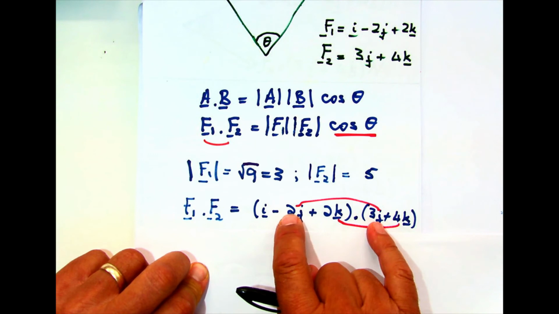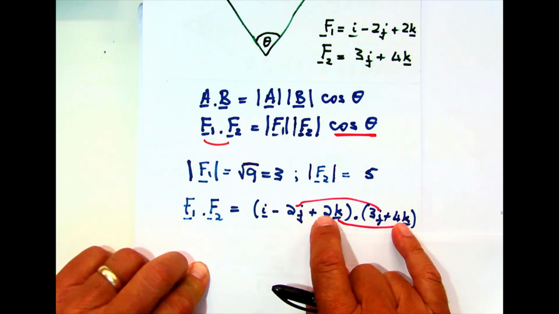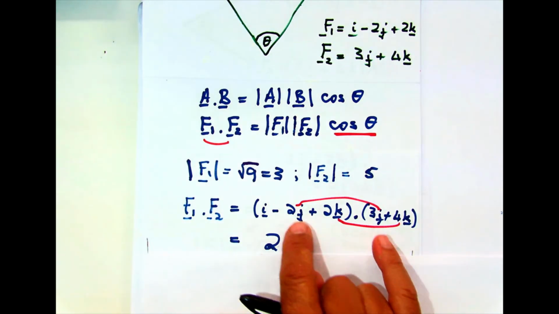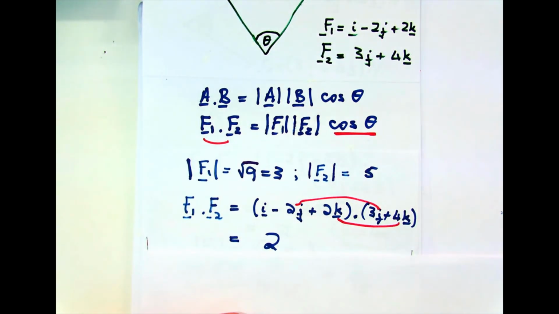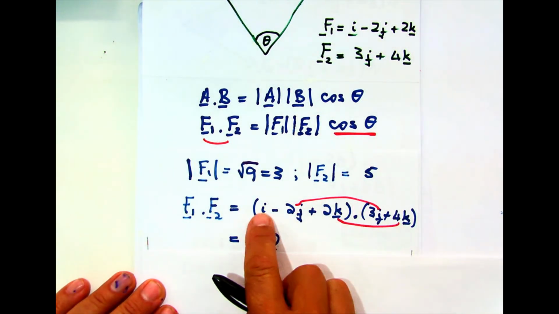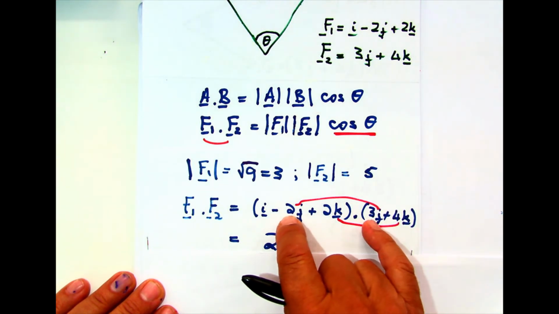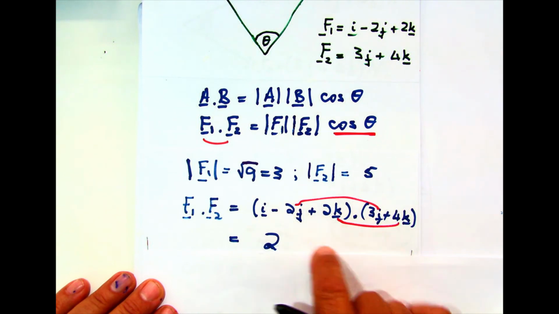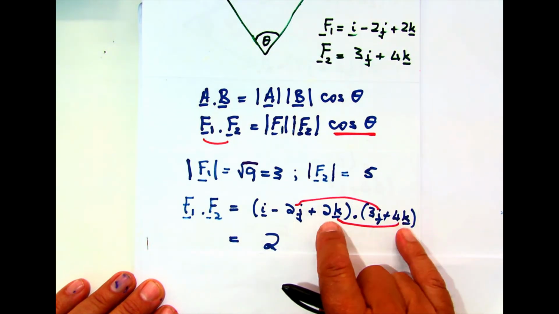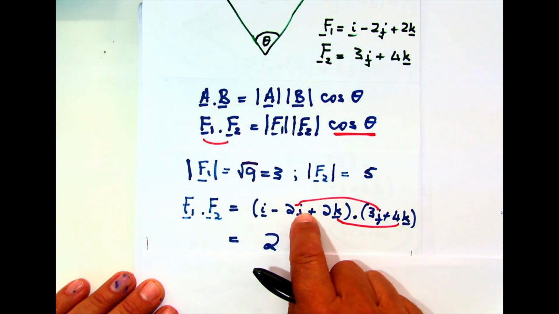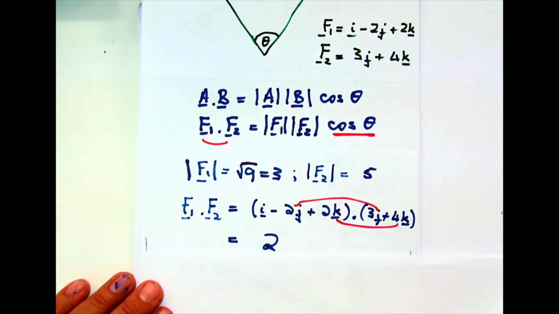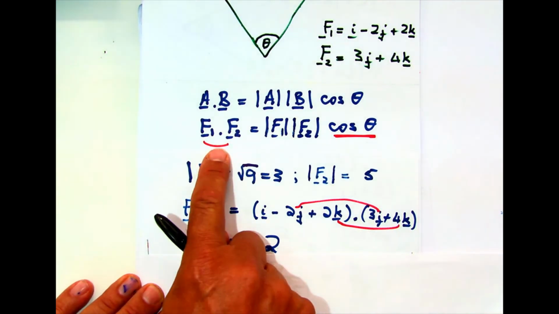Then you have a minus 6 and a plus 8, that is 2. So you take the i with the i. If there's no i on either side, then of course it's just 0. And then the j with the j, 2 times 3 is 6, with a minus is minus 6. And then k with k is 8. So it's 8 minus 6 and a 0, that will give you 2. So there's my dot product. And that is the left-hand side of this equation.